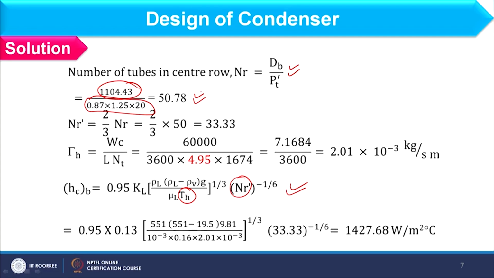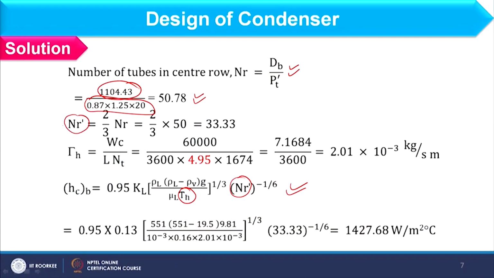Okay. Now, here you should understand that Nr is basically the number of tube rows, which will never be a decimal. Okay. So, we should consider the correct value, and for that purpose we have to round it off. Okay. I should not round it up, I have to round it off because the bundle diameter is fixed, right.